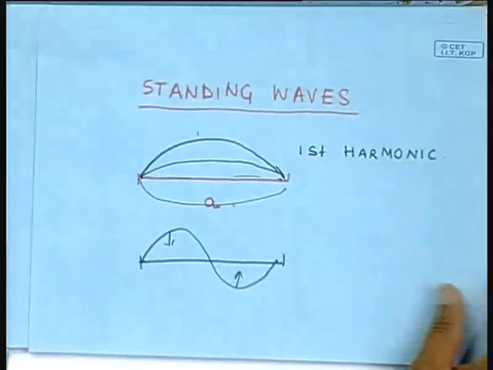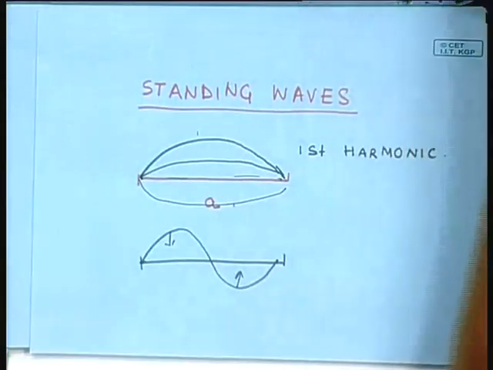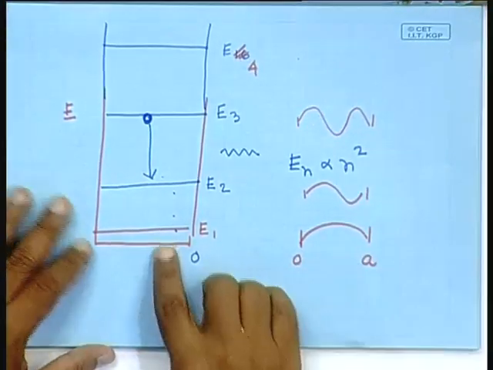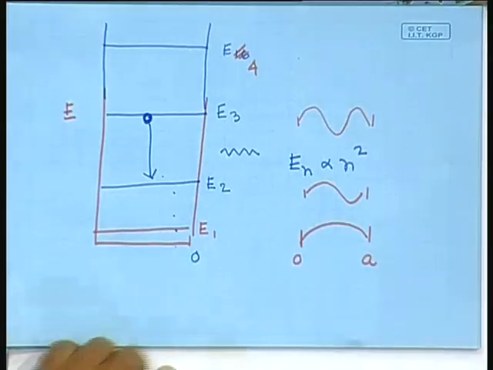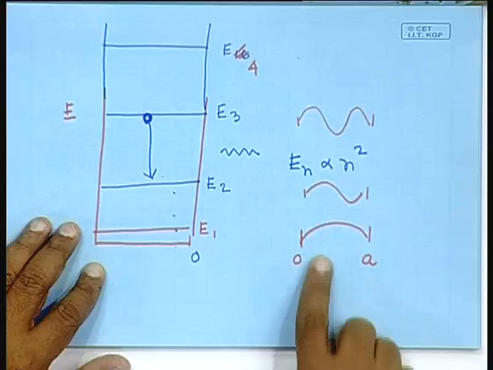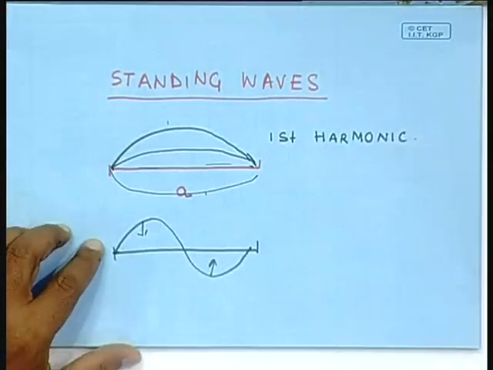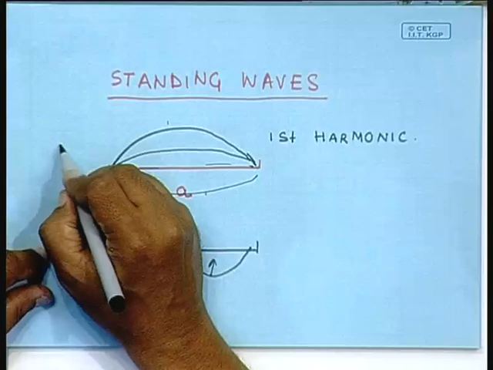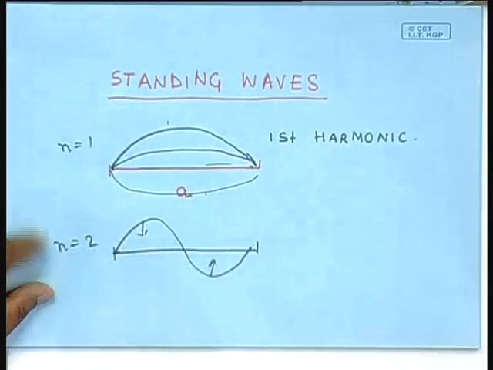It is exactly the same as the different wave functions that we have obtained for a particle in a box. You have the ground state, the first excited state, the second excited state, etc. These are also labeled by n equal to 1, n equal to 2, n equal to 3, etc.